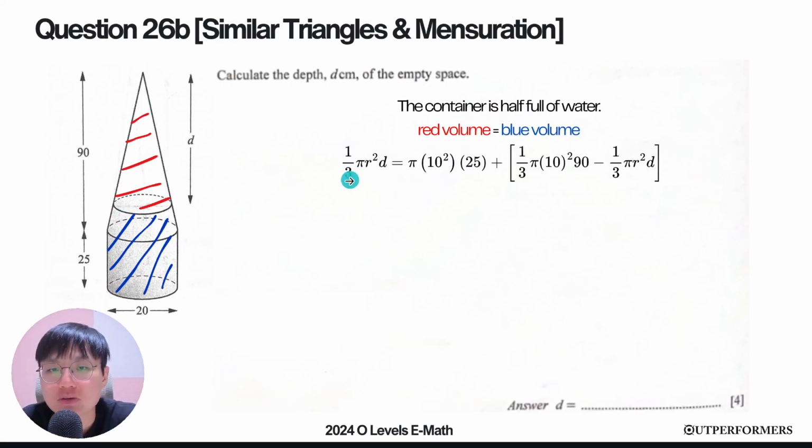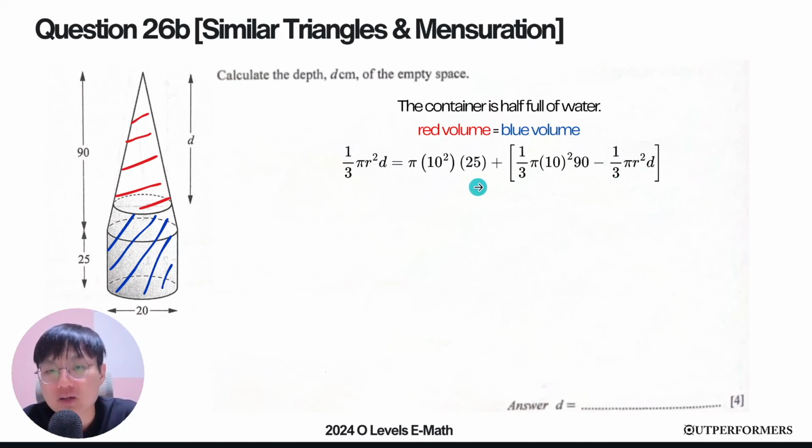So the red volume is 1/3 pi r squared h, while the blue side has two parts. One is the cylinder and the other one is the frustum. The frustum just means the portion of the cone right there. So we need to take the big cone minus the small cone, which is what's happening over here.